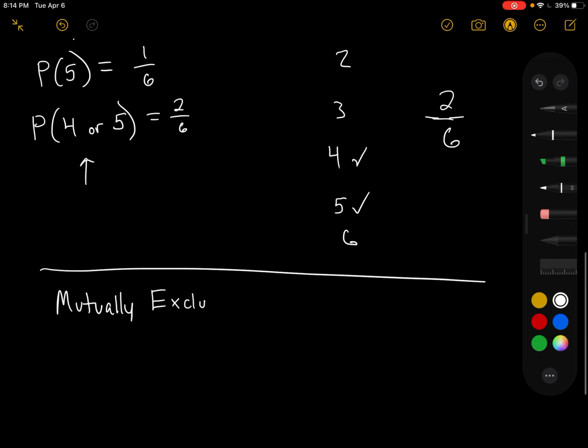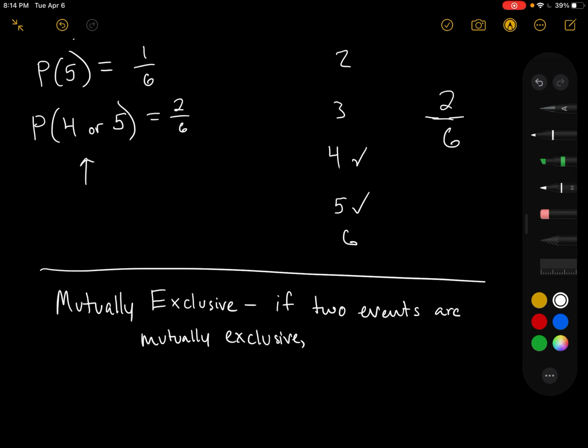So this is a vocab word that we define as mutually exclusive. And what mutually exclusive means is that if 2 events are mutually exclusive, they cannot happen.